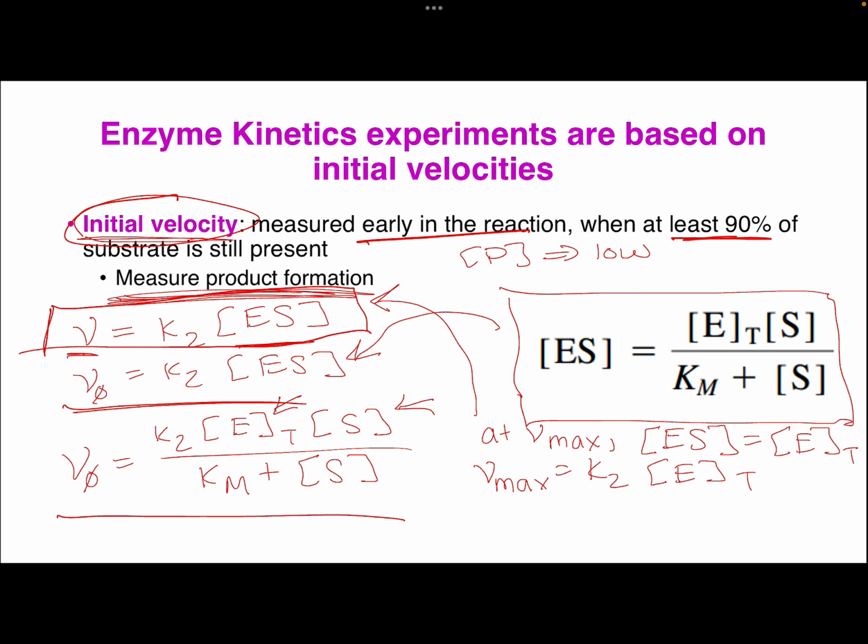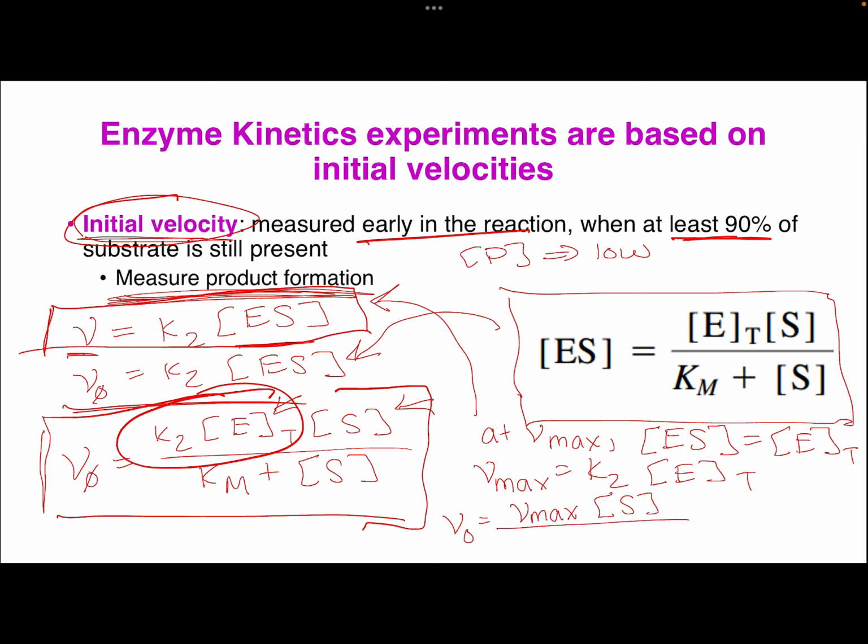And what do we have in our equation here? We have K2 times our total enzyme concentration. So we can rewrite this one more time as V0 equals Vmax times our substrate concentration over our Michaelis constant plus our substrate concentration. And this is the final form of the Michaelis Menten equation, right?